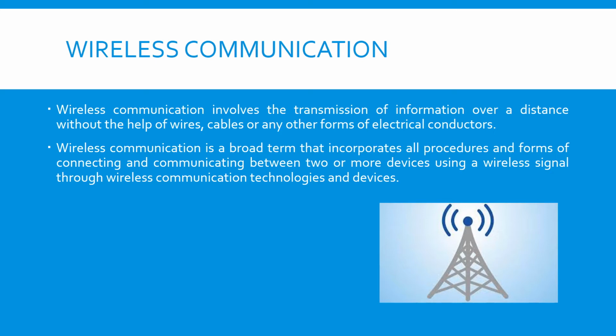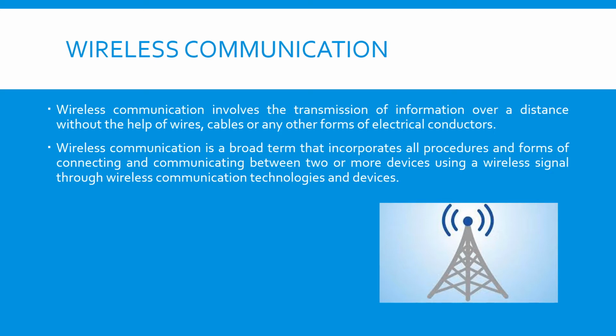Now, wireless communication, as I told you, is a very broad term. It incorporates all the procedures and forms of connecting and communicating between two or more devices using a wireless signal through wireless communication technologies and devices. So basically, the wireless communication involves a medium which is wireless, that is, the transfer of information from one device to another device is wireless.